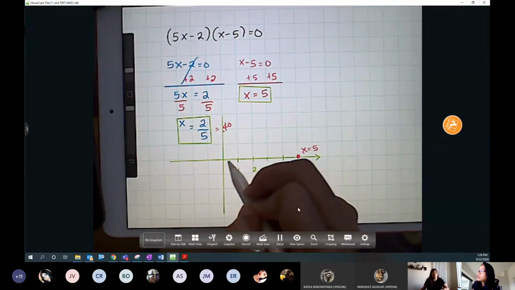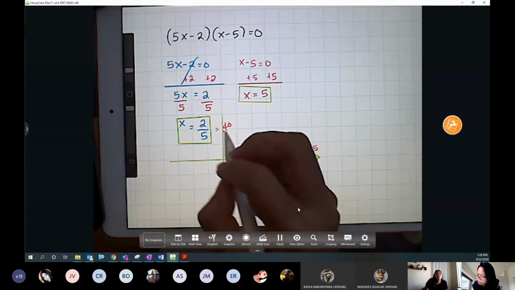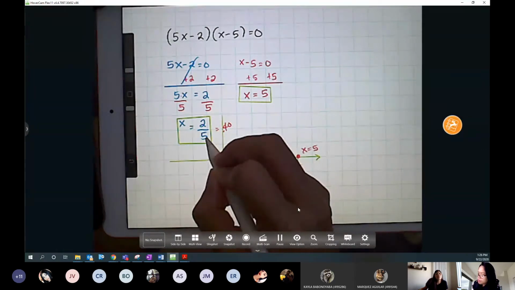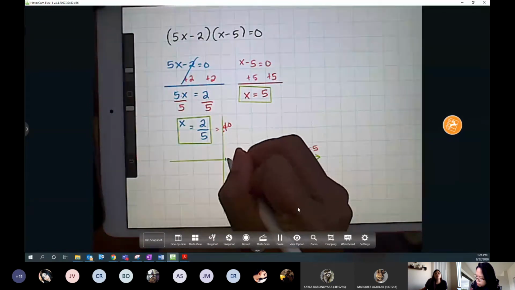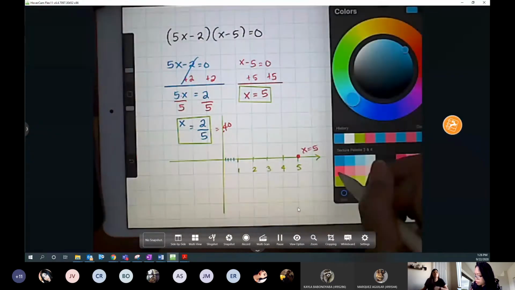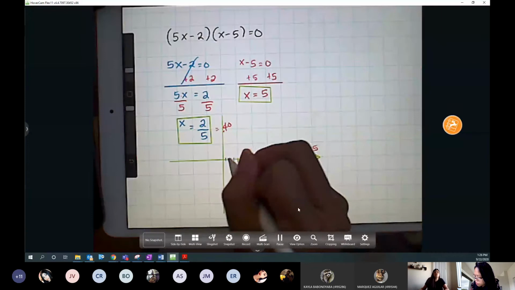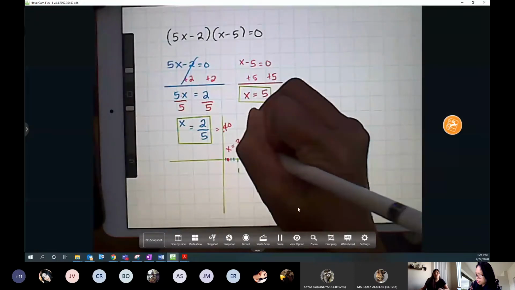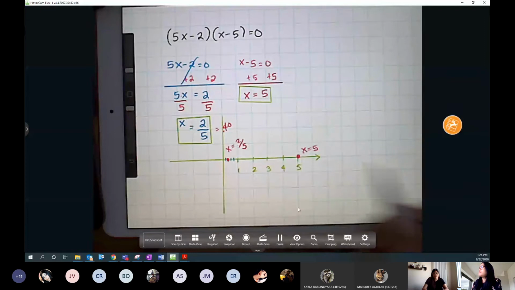Okay, so it's less than $1. It should be here. From 0 to 1, all I need to do is to divide this 1 unit into 5 because we have a divided by 5 there. So 1, 2, 3, 4, 5. And then out of 5, we're going to take the 2. So that's where our 2/5 lies on that graph.